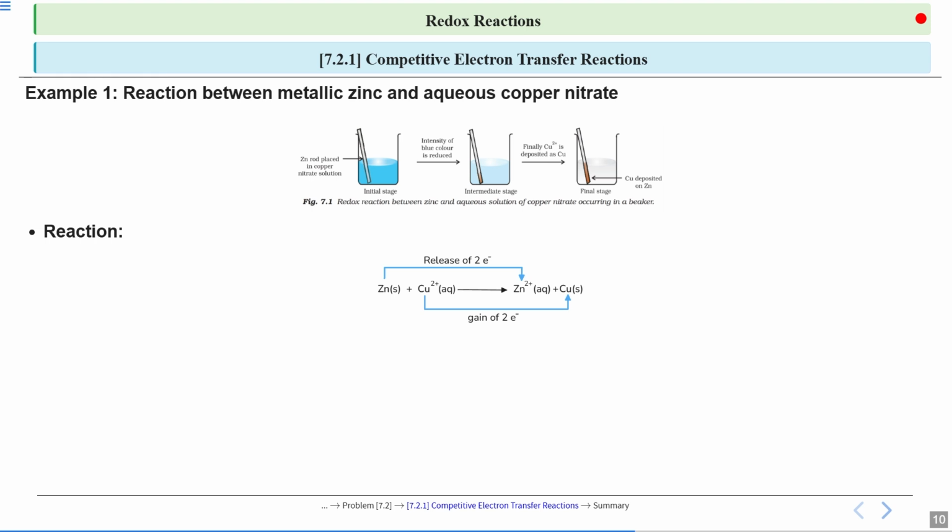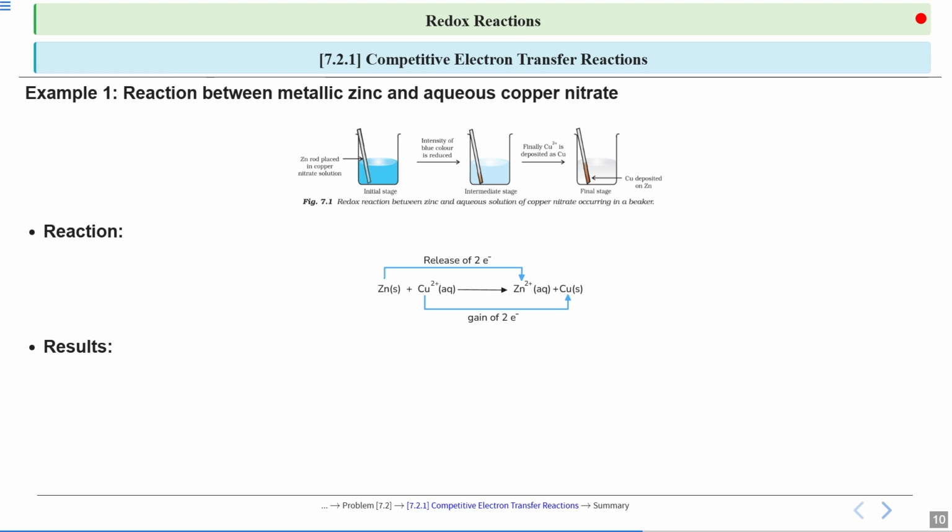Zinc loses electrons, converting from 0 to Zn2+, while Cu2+ gains these 2 electrons and is converted to Cu. So why has copper deposited over zinc? Because the zinc has been oxidized, while the copper has been reduced and gets deposited over the zinc rod.